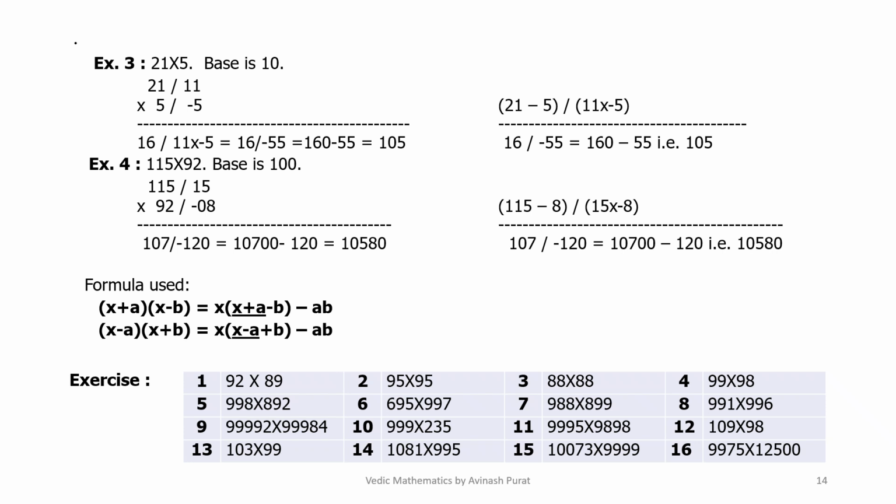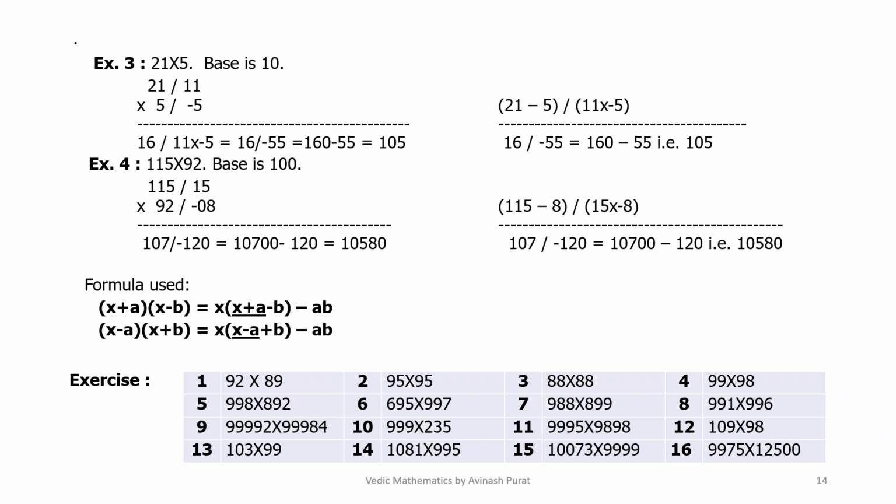55, that is 105. Fourth example is 115 multiplied by 92, again base is 100, 115 stroke 15 multiplied by 92 stroke minus 8, that is 107 stroke minus 120 equals 10,700 minus 120, that is 10,580.